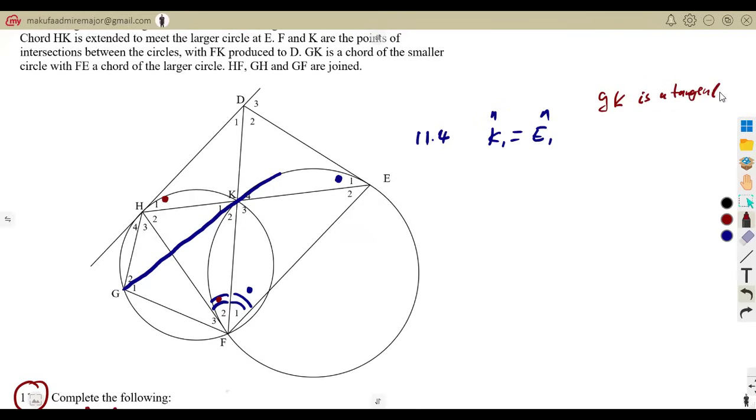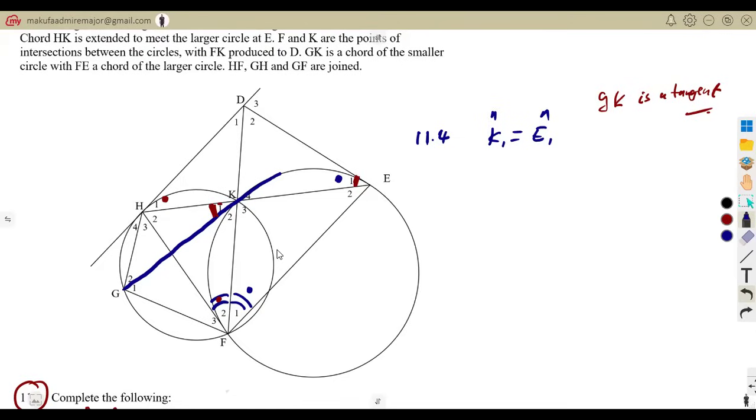How can we prove that? Because this is what you're given now, where is K? This is where we have our K, and this is K1. They say this angle at K, K1, and this angle at E, E1, are equal. So how is it going to help us if they are equal? Let's analyze our question, guys.